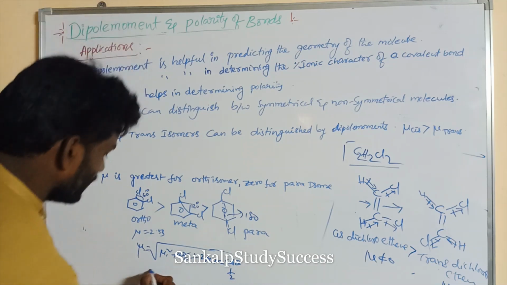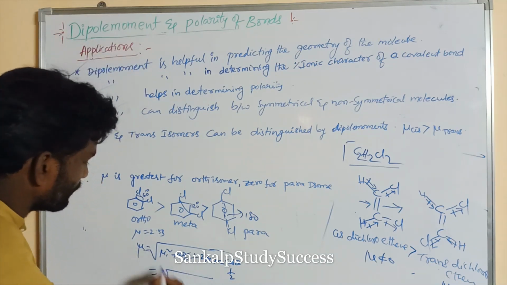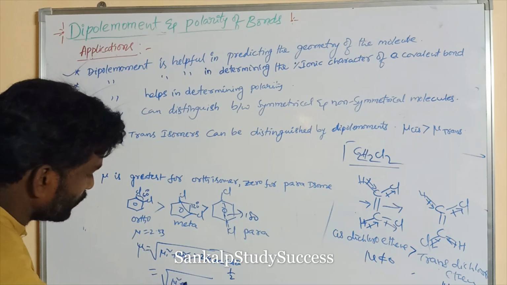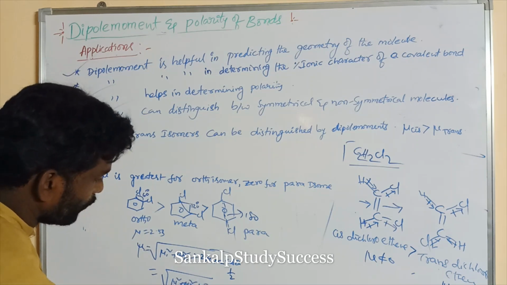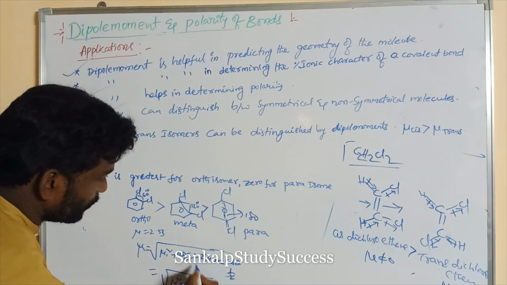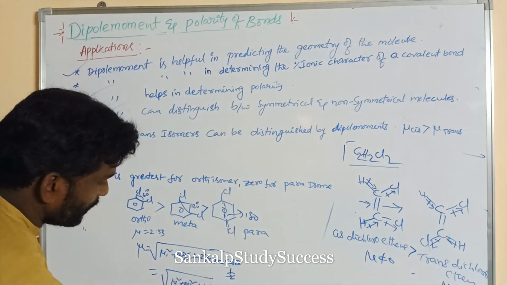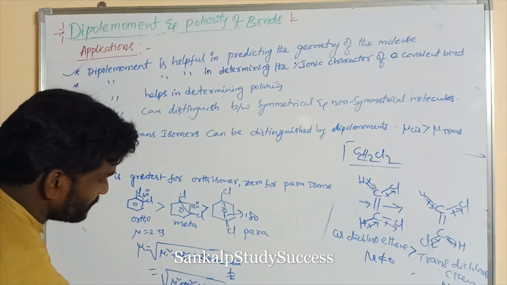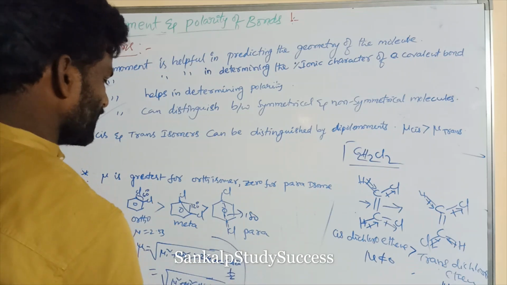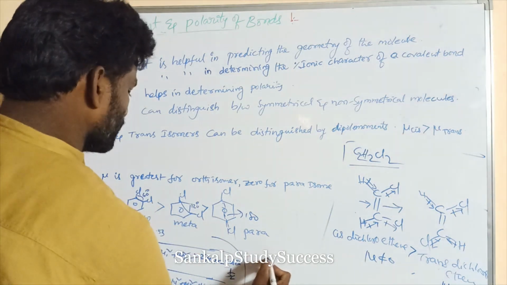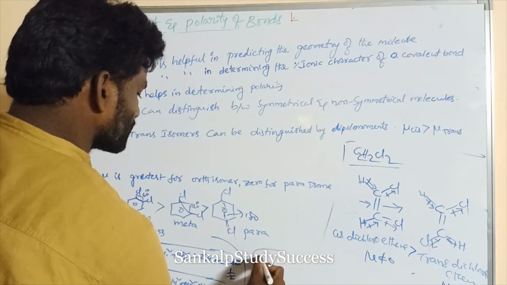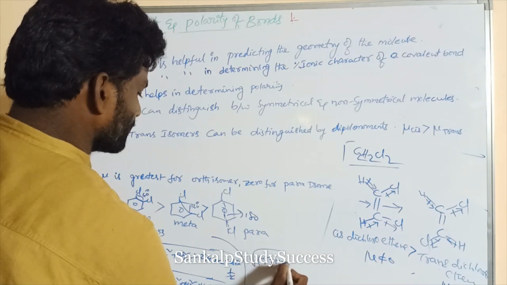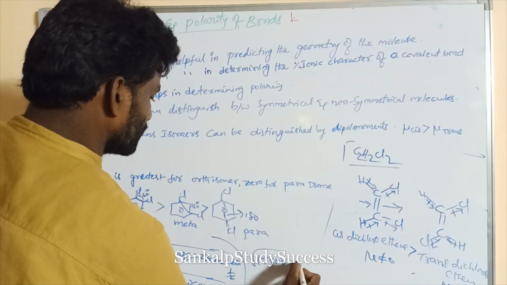So the 2 by 2 cancels, and what remains is mu1 mu2. So this is a plus value.